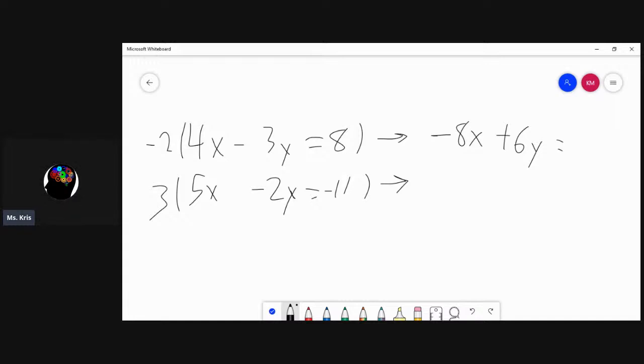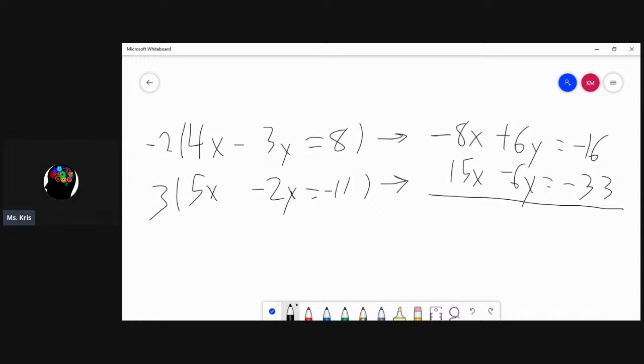And negative 2 times a positive 8 gives me a negative 16. 3 times 5x gives me a positive 15x. 3 times a negative 2y gives me a negative 6y. And of course, 3 times a negative 11 gives me a negative 33.